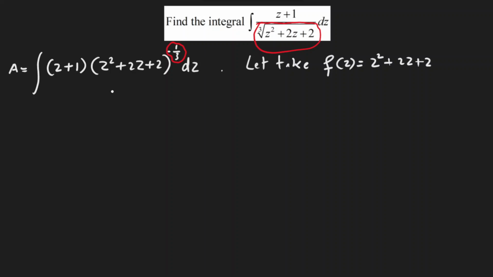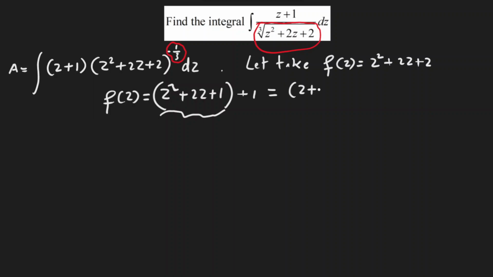So we can see that f(z) could also be equal to z squared plus 2z plus 1 and plus 1. All that we are doing here is 2 is equal to 1 plus 1, and we just split it. But we know that this is z plus 1 squared.